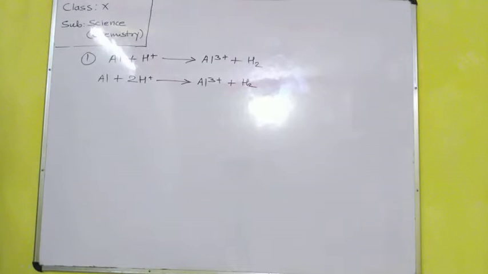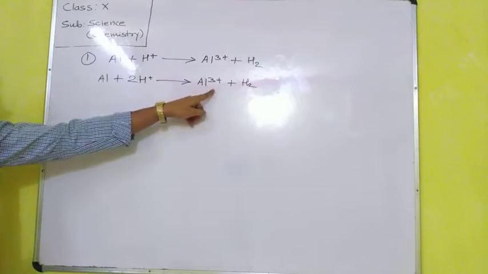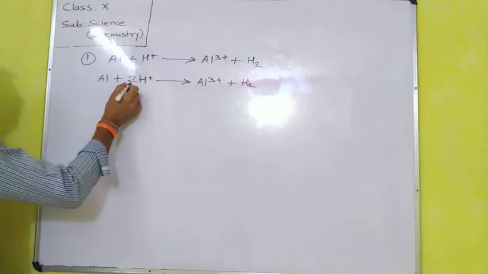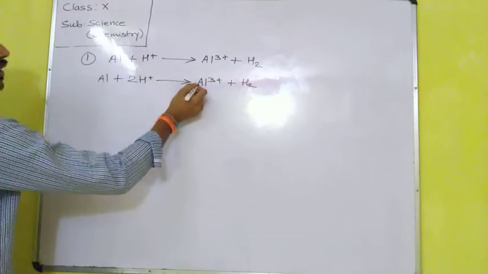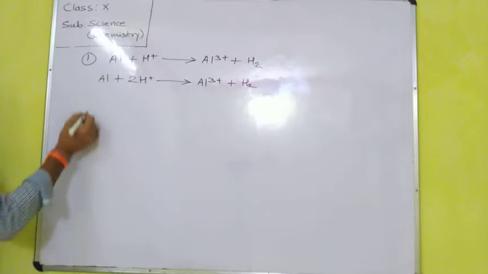Now we have to balance the charge. Here 2 positive charges are present and here 3 positive charges. So how will it be equal? When we multiply by 3, it will be 6 positive charges, and when we multiply by 2, then also it will be 6 positive charges.